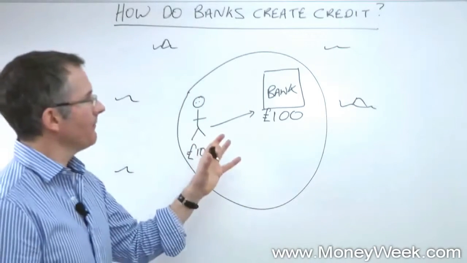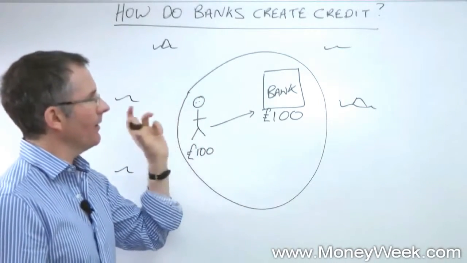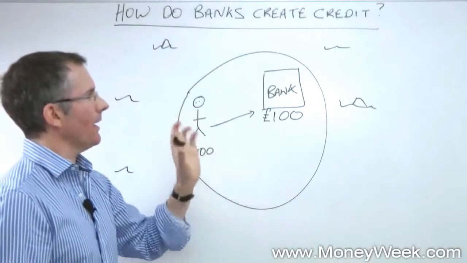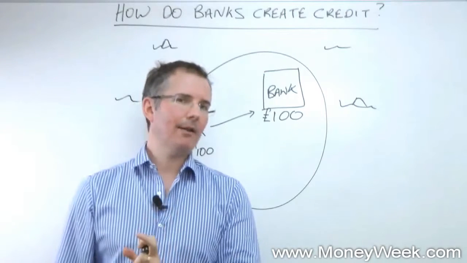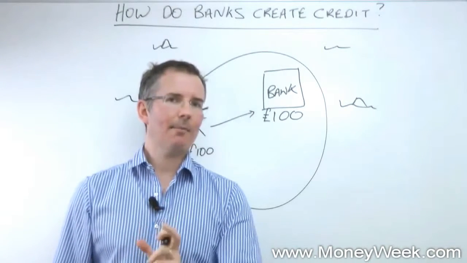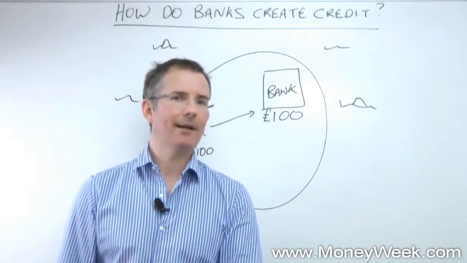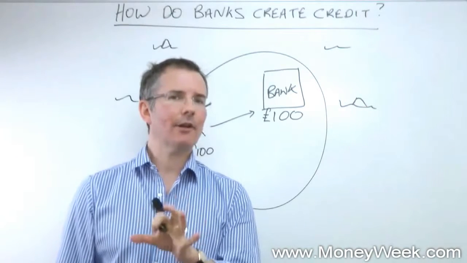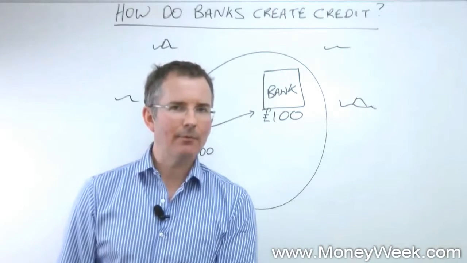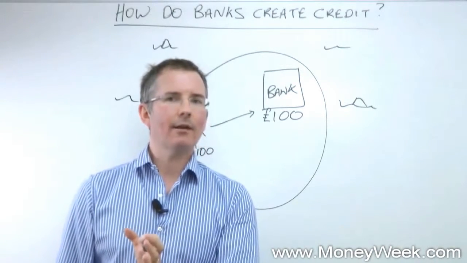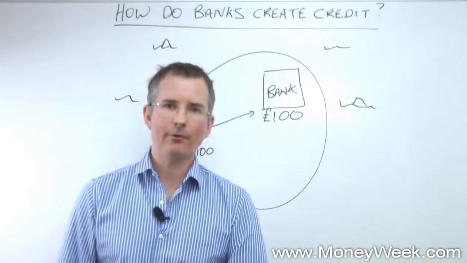Now, the bank makes a quick calculation, okay? It thinks, right, if Tim comes back in half an hour's time, how much of that £100 do I need to keep back? Now, you might say £100, but actually that's unlikely. When you go to the cash point machine, you don't generally drain the entire account, okay? You take £50 out or £10 or something, right?